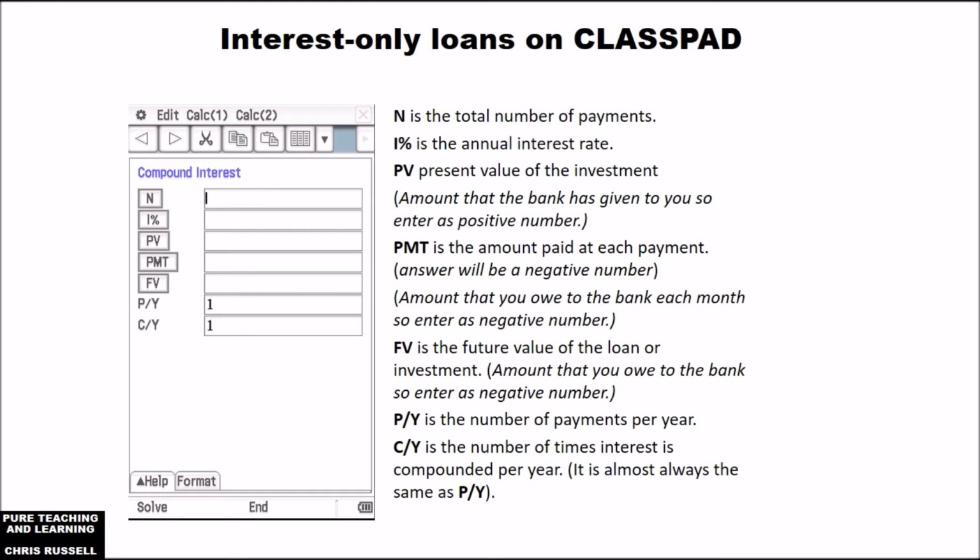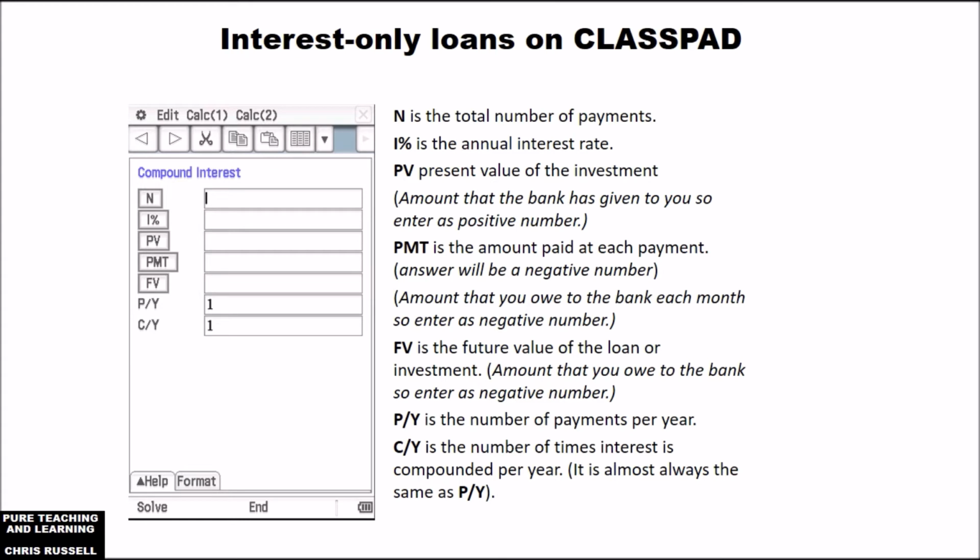Interest-only loans on the ClassPad. So N is the total number of payments, I% is the annual interest rate, PV is the present value of the investment, the amount that the bank has given to you, so you enter this as a positive number. PMT is the amount paid at each payment, therefore it is a negative value.